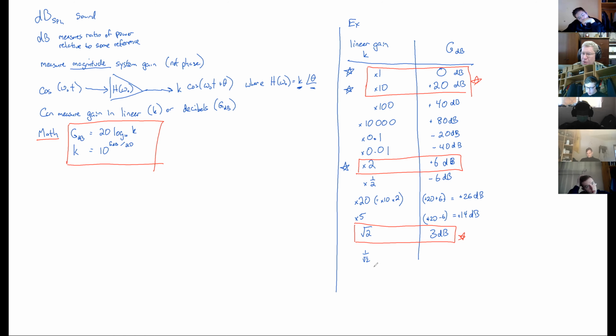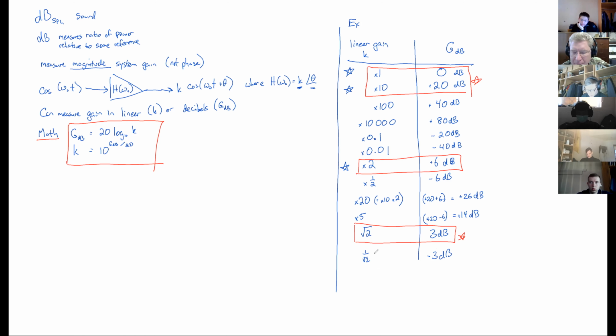That means the power going through is the product, which is just 1/2. And so at that point, you're at the half power point of your filter. And if square root of 2 is 3, 1 over the square root of 2 is minus 3 dB. And you'll see that all over the place.